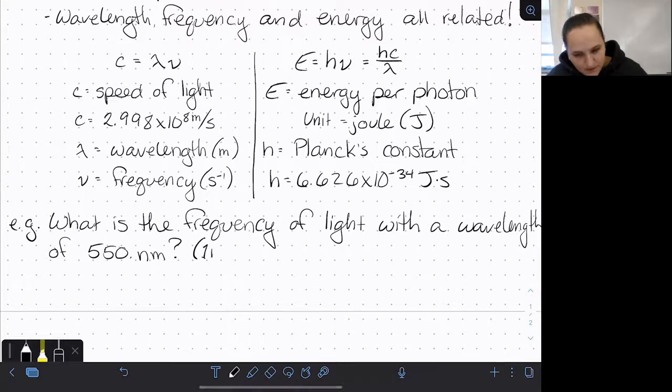And I will tell you that 1 meter is equal to 10 to the 9th nanometers. So why don't you pause here and try to solve this one on your own first, and then I will go through it.